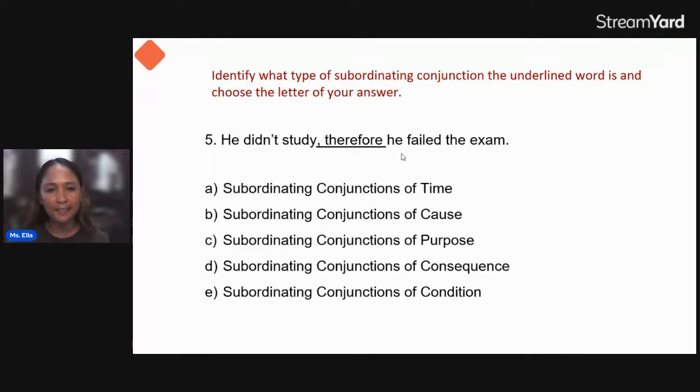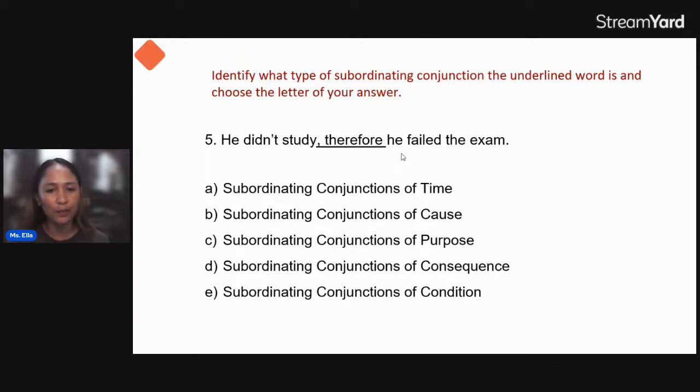Number five. He didn't study. Therefore, he failed the exam. Again, he didn't study. Therefore, he failed the exam. Is it A, subordinating conjunctions of time? B, subordinating conjunctions of cause? C, subordinating conjunctions of purpose?